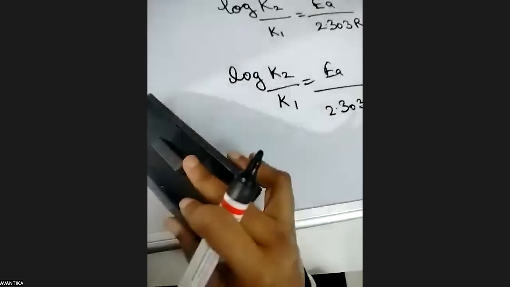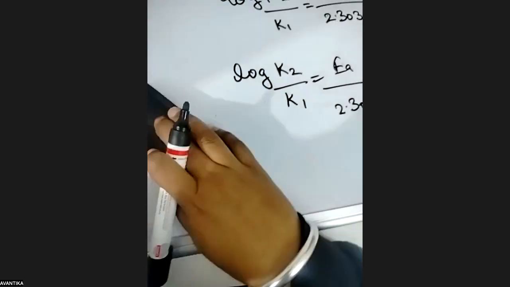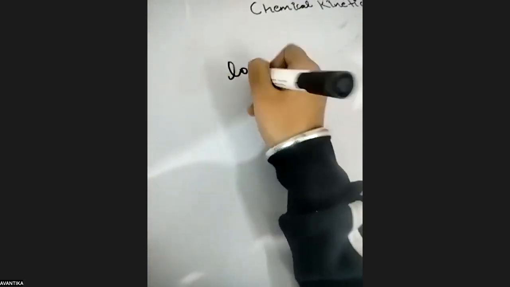And if we draw the graph of this equation, here we will write log k is equal to log A minus Ea upon 2.303 RT.